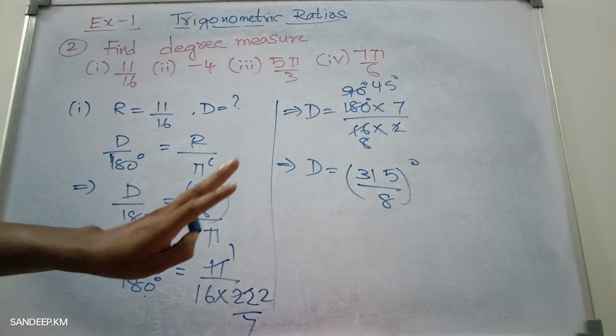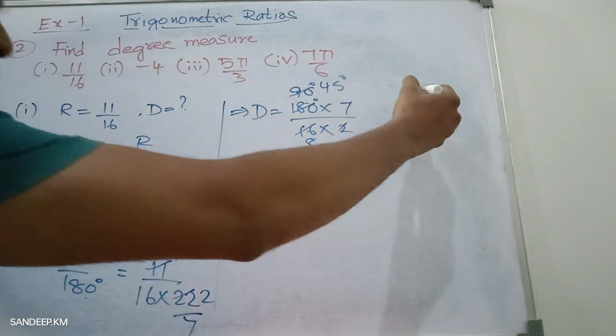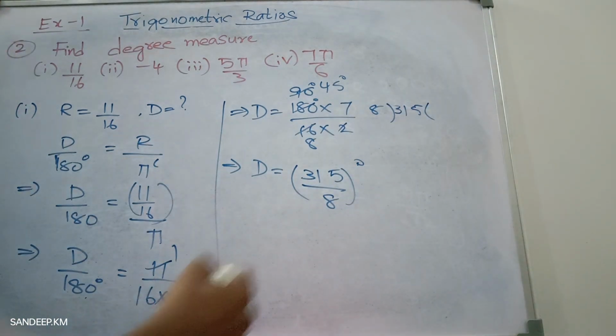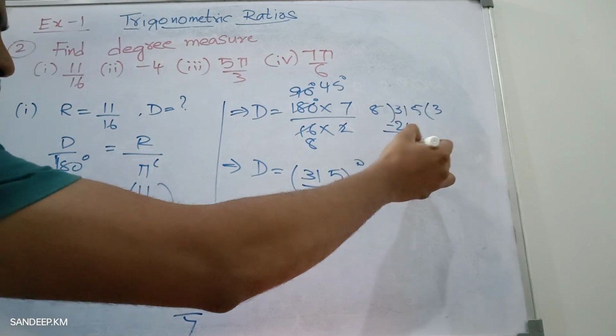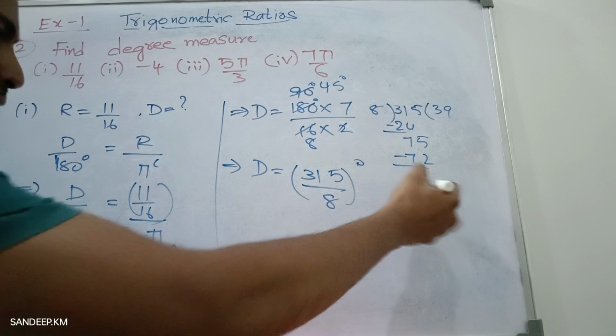But we will not leave the answer like this. Let us convert this particular angle into degrees and minutes, and if needed in seconds also. Now for that we have to divide 315 with 8. So 315, if you divide it with 8, 8 3s are 24, 8 9s are 72, so the remainder is 3.